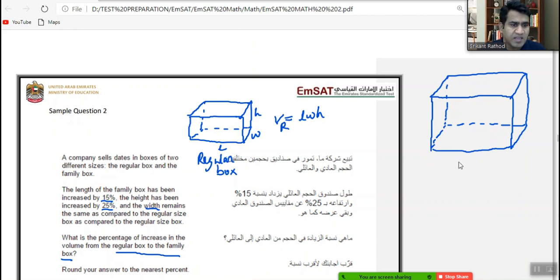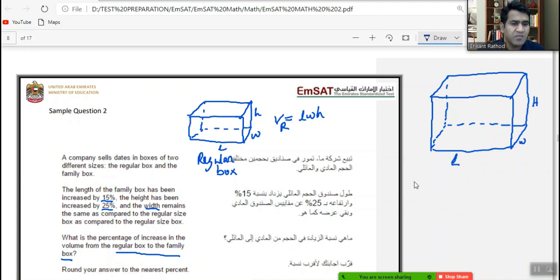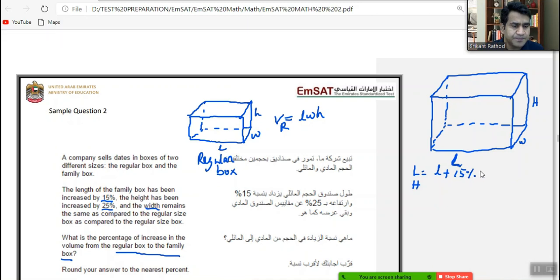So length is increased by 15%. If I represent the new length here as this, and the width is remaining as it is, and the height has increased by 25%, then what is the value of the height now, and what is the value of the length now? Length increased by 15% means this L, I can write it as the length of the previous box plus 15% of it.